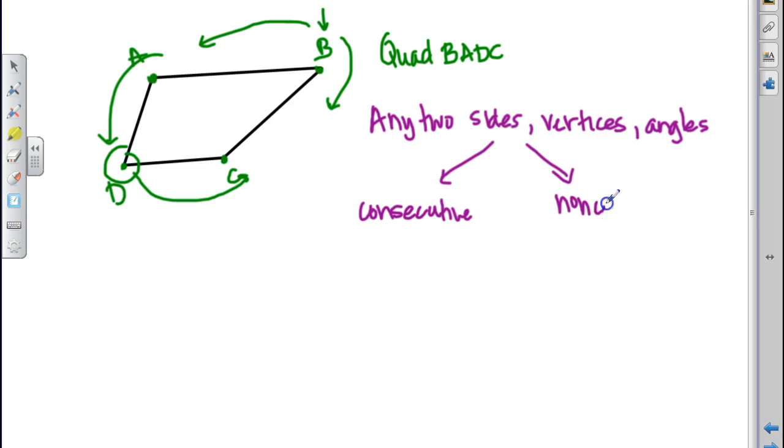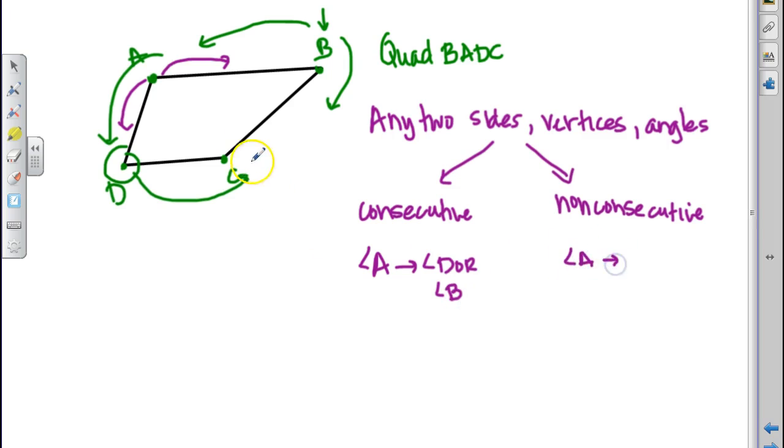So either they are right next to each other or they're not. So consecutive with angle A would be one right next to it. We could have angle D or we could have angle B. Non-consecutive with angle A would be not right next to it, so it's going to be across, like the diagonal, looking across. So non-consecutive with A would be angle C.